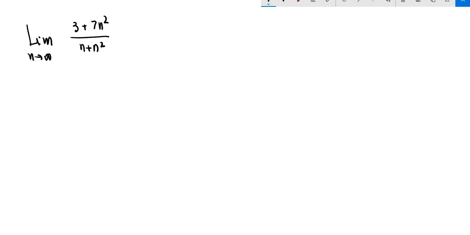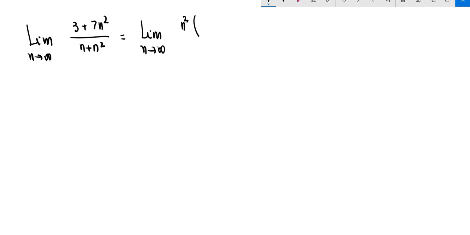And what we'll do here is factor the term which is the dominating term out of each one. So let's say n².